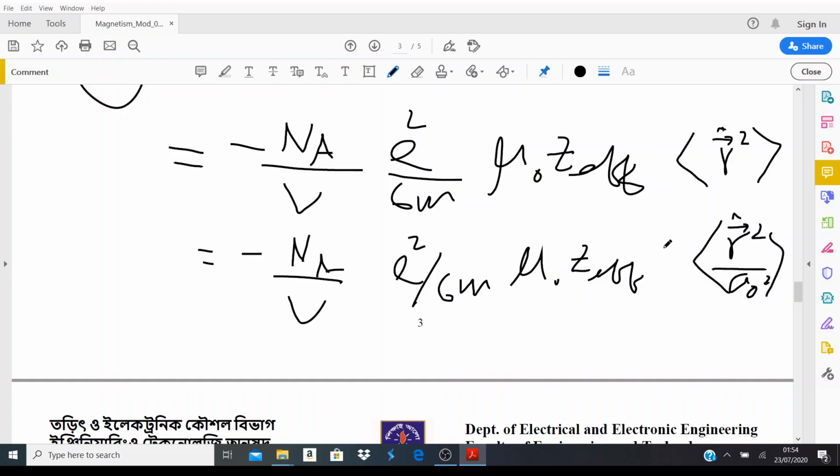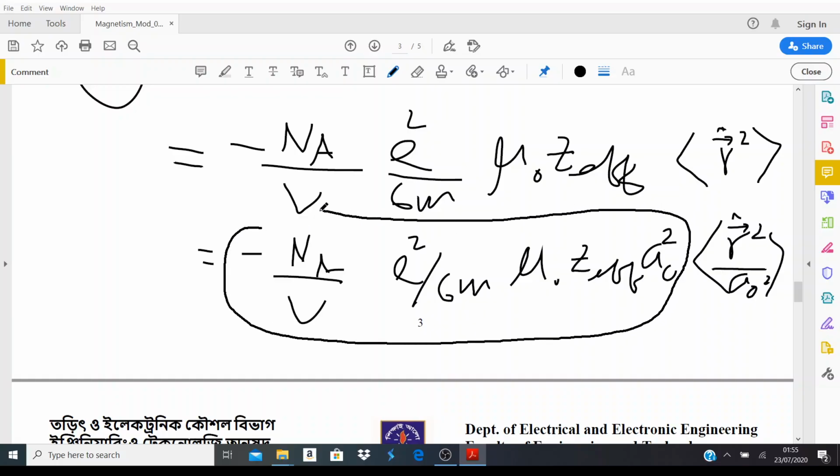And then we also need an a squared outside, so this a squared cancels this a squared. Now you know the Bohr radius of a hydrogen atom, the standard value you can find. You know Z_eff, you know mu naught, you know e squared. Everything in this circle is known to you.